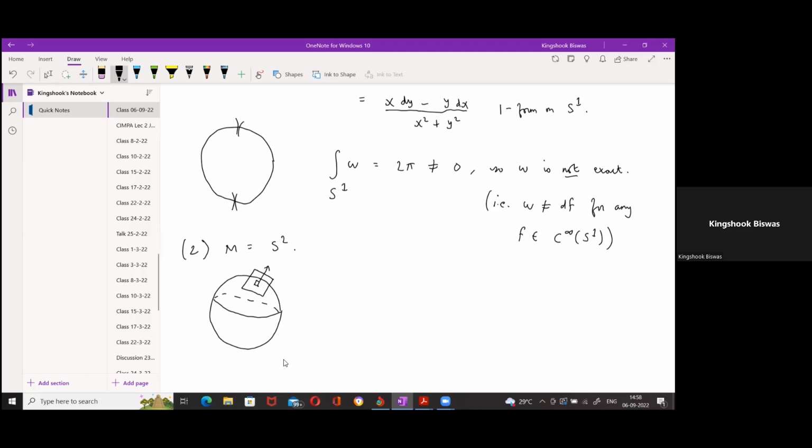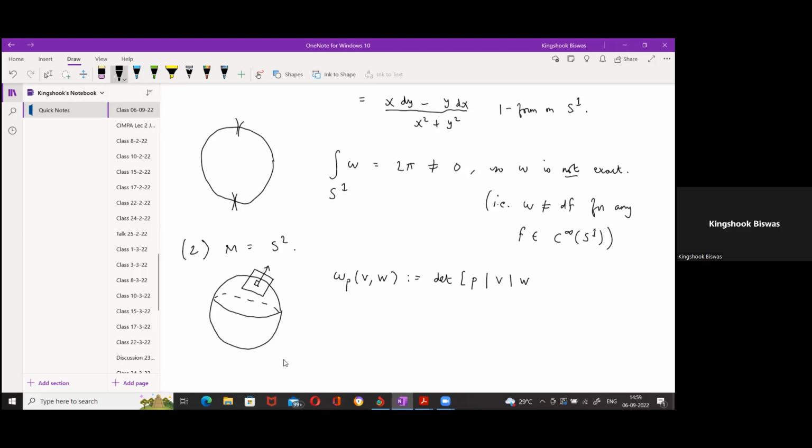And I say that omega at P of a pair of vectors V, W, this I define to be the determinant of the matrix. So my normal vector is just P itself. So I define it to be the determinant of the matrix (P, V, W).